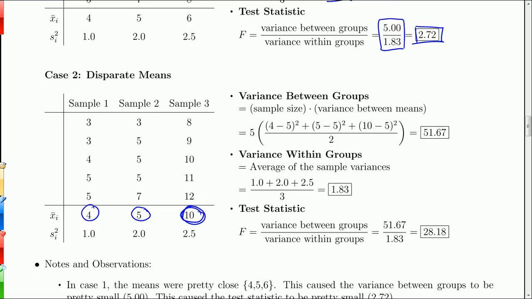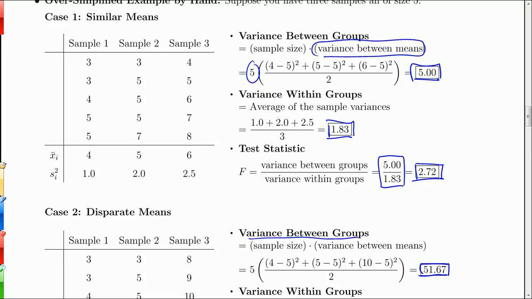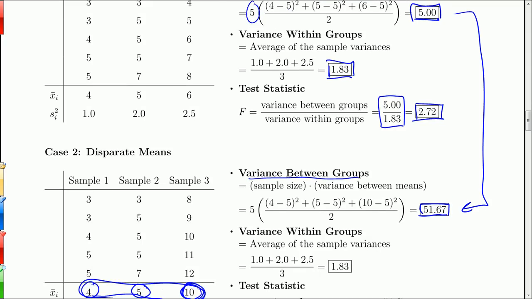If you calculate the variance between groups, you take the 5, that's the sample size, and you take the sample variance of these 3 numbers. This 10 minus 5 squared gets pretty big, because this one's kind of large. You divide by n minus 1, multiply by 5, and you get a variance between groups of 51.67. So notice the variance between groups got much bigger.